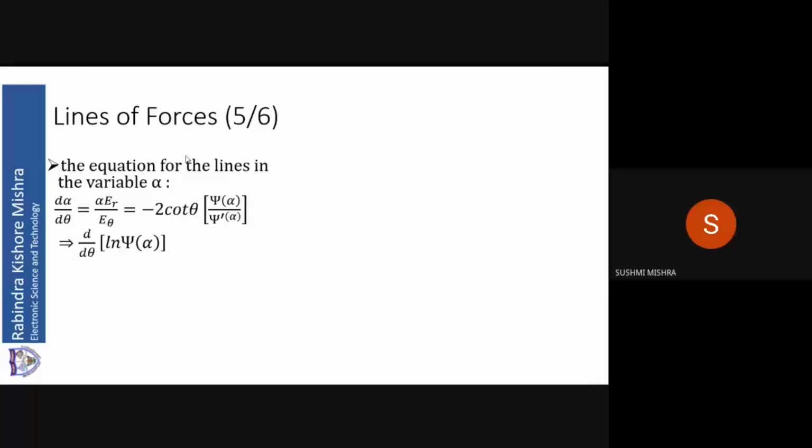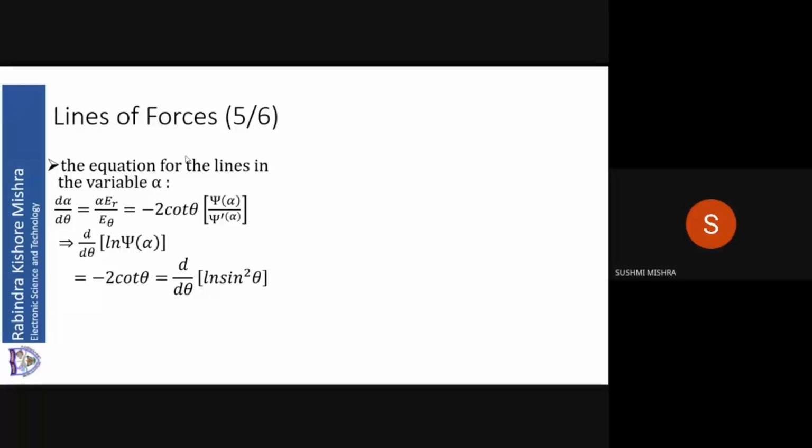Right? Now for alpha, we can write d by d theta of log psi alpha is equal to minus 2 cot theta, which is d by d theta of log sine square theta. I hope you can do it using mental calculation.